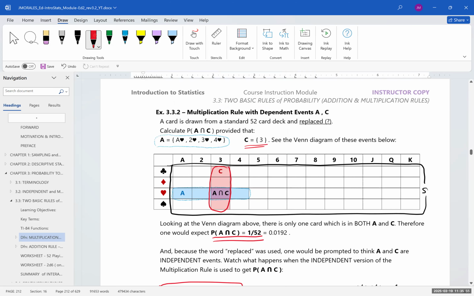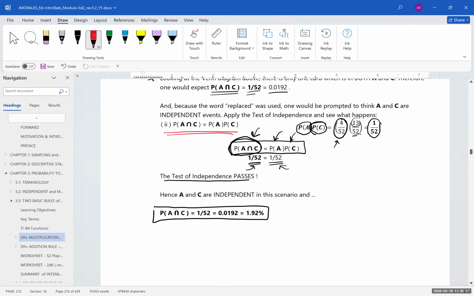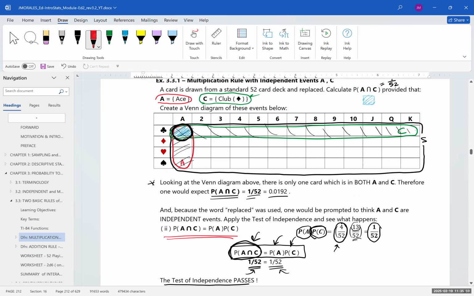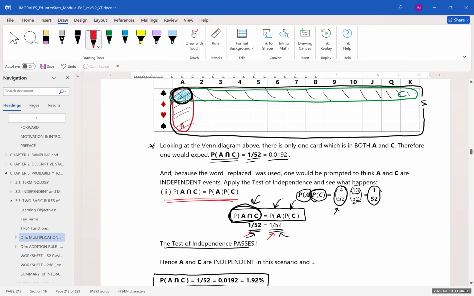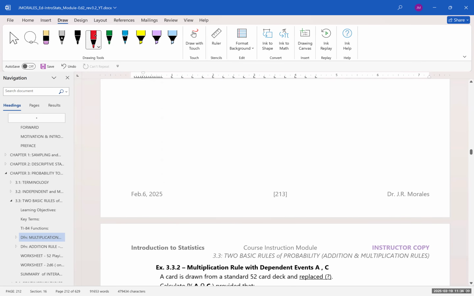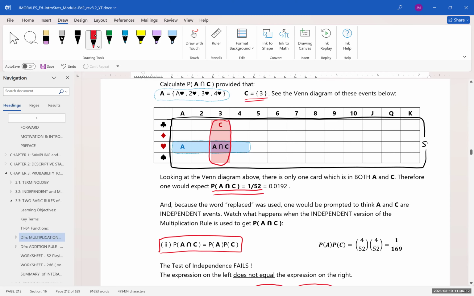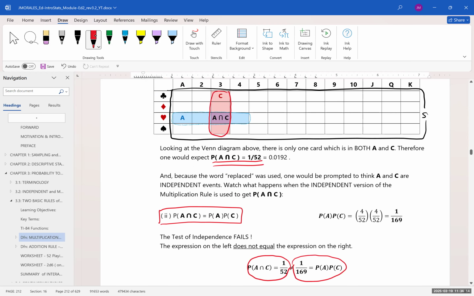Right? So in the previous example, we had a deck of cards with event A and C defined in a certain way, and those two events were independent, and that was our answer, 1 out of 52. But here, when we apply the same rule and we do this test of independence, we don't get the same values on either side.